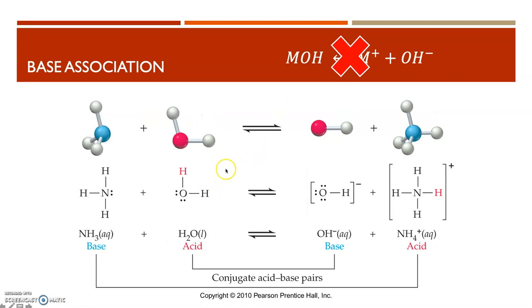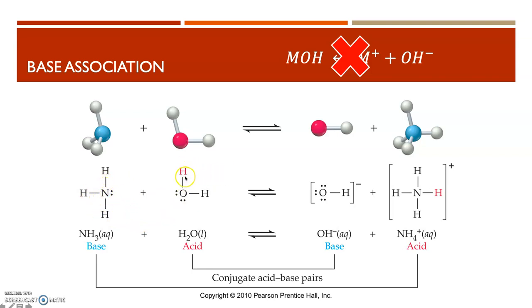Base association is similar. No longer are we going to write this as a metal with a hydroxide, because those are ionic species and they will just dissolve into metal and hydroxide. But if you have a covalently bonded compound, a molecular species like ammonia, this also acts as a base, because when you put that into water, this base can accept a proton.